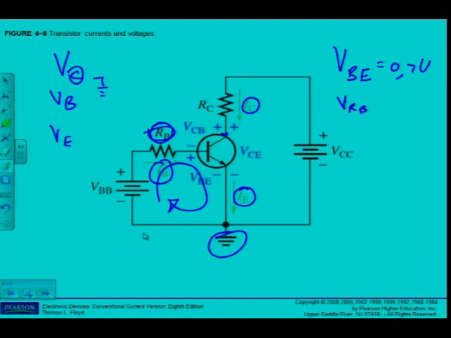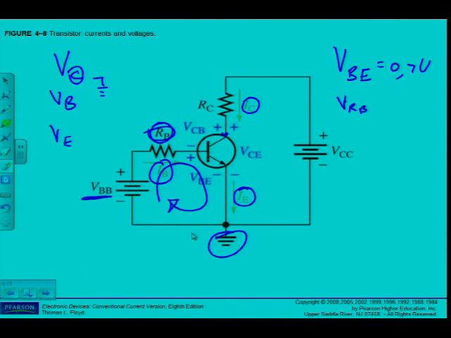And normally I would have the value of VBB, so I can calculate VRB by using Kirchhoff's law, for instance, as well. I've seen that I can use Ohm's law. VRB is equal to IB times RB. That's one way. But I can also use Kirchhoff's law. What does Kirchhoff's law state? The sum of all the voltage drops around a circuit should be equal to the supply voltage.